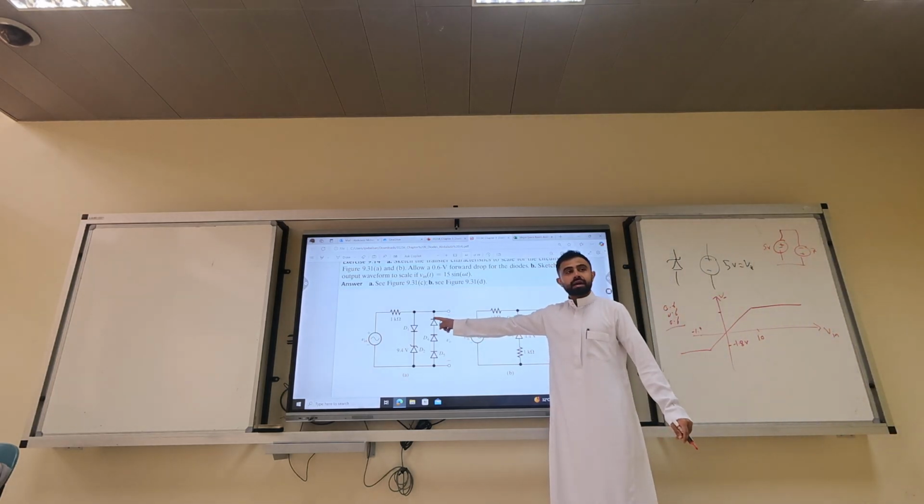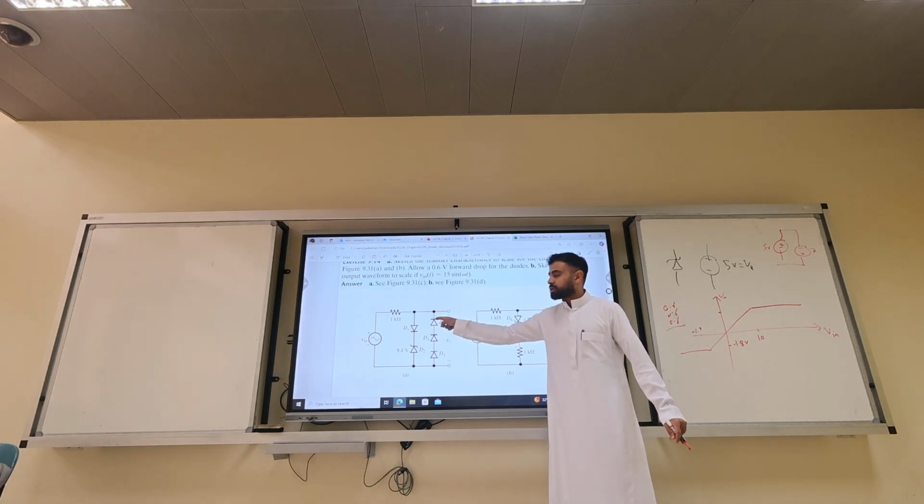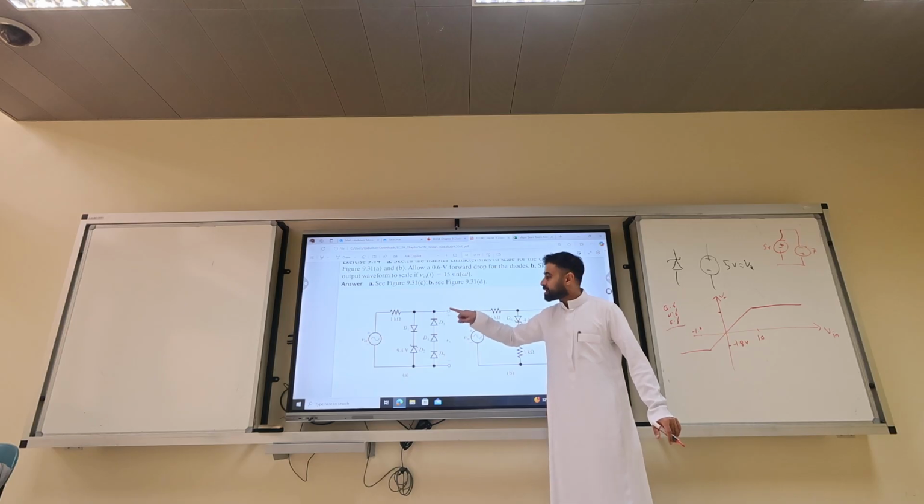These are regular diodes, flipped in direction. So if you have a positive voltage, this will be reverse bias, open circuit, reverse bias, open circuit, reverse bias, open circuit. So you need to have a negative 0.6, a negative 0.6, a negative 0.6, which is minus 1.8.